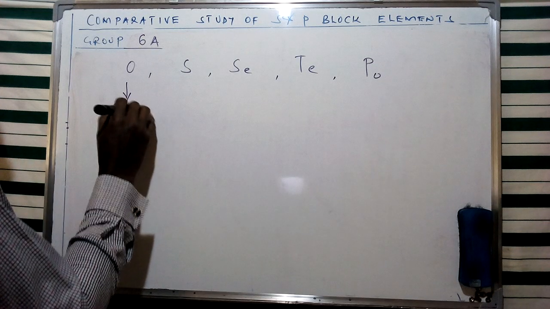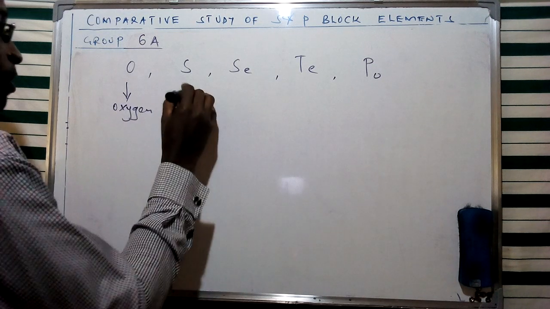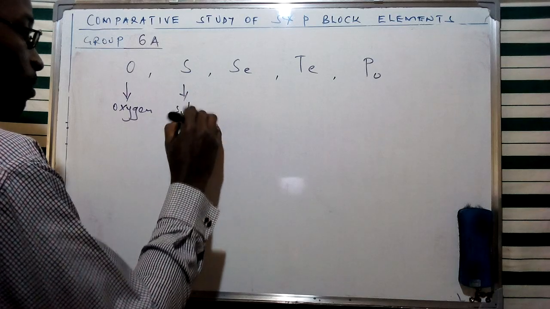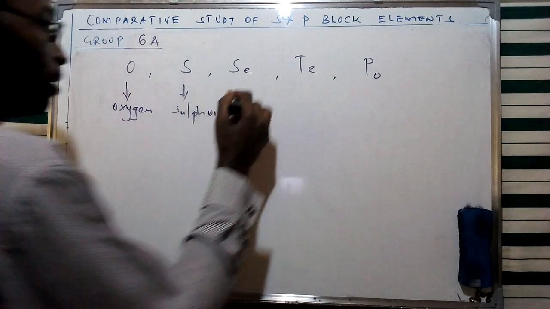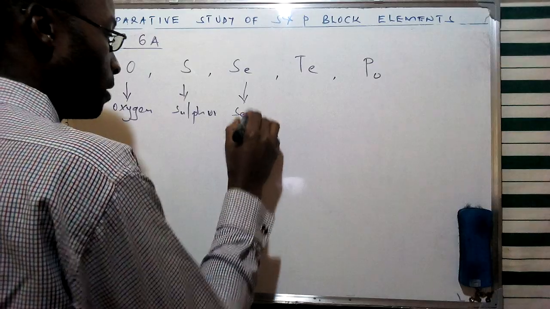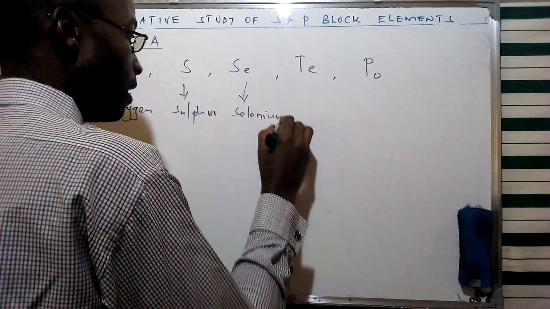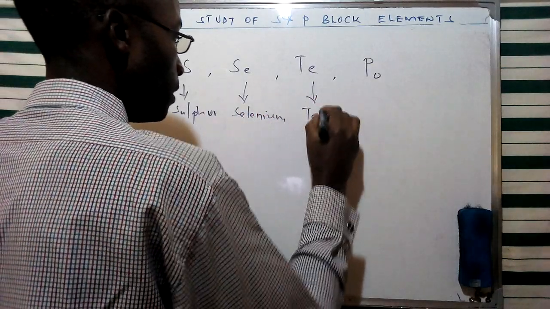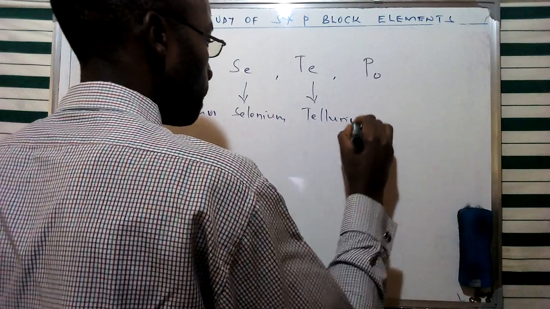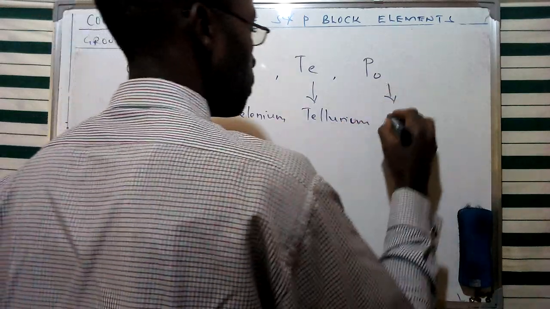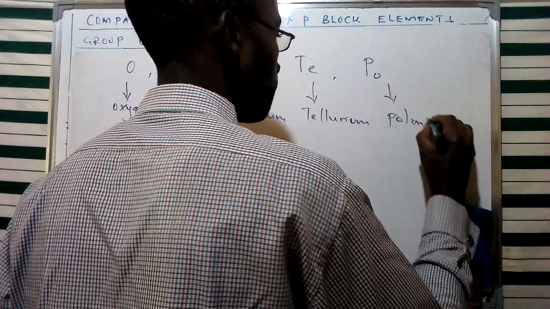So this is going to be oxygen, perhaps if I may mention them in terms of names, so that we can just follow what members we are discussing. And this is going to be tellurium. And the last one we're going to have is polonium.